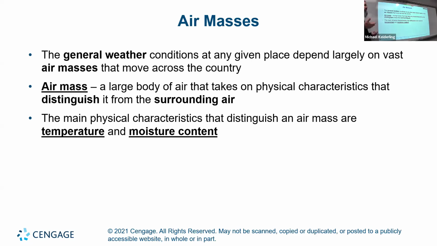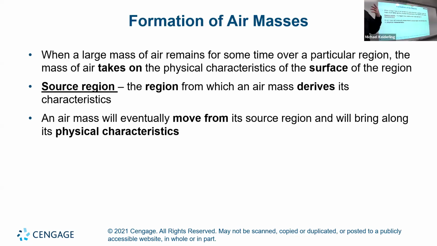And so when one of those air masses moves in, you get that air mass interacting with the surrounding air, but also that air mass is going to have properties tied to where it came from. So when a large mass of air spends some time over a particular region, it takes on the characteristics of the surface of the region.